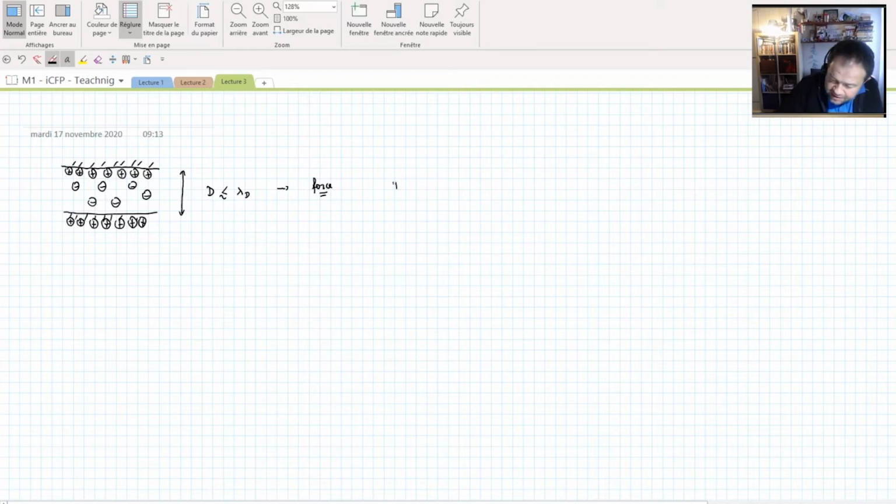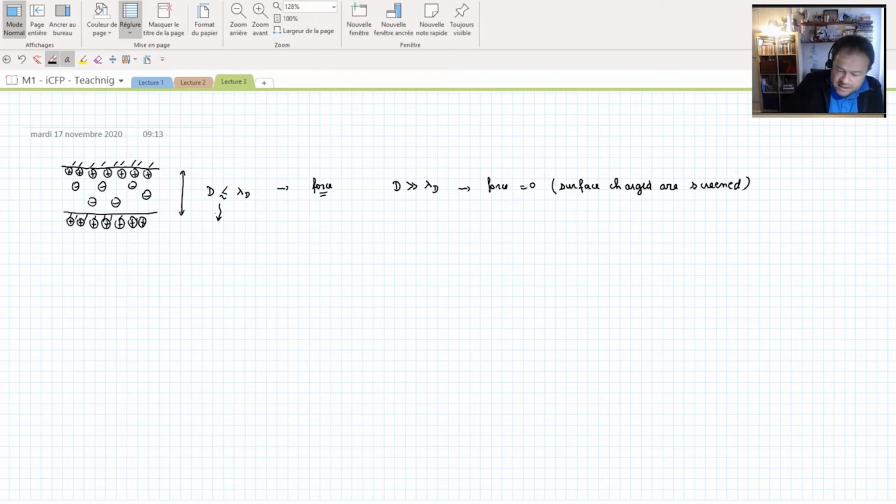Of course, if d is much larger than the Debye length, the force will be equal to 0, just due to the fact that the surface charges are screened by the counter ions. But if we are dealing with distances smaller than this length, in average, the charged surface is not charged, and there will be a repulsion between the surfaces.